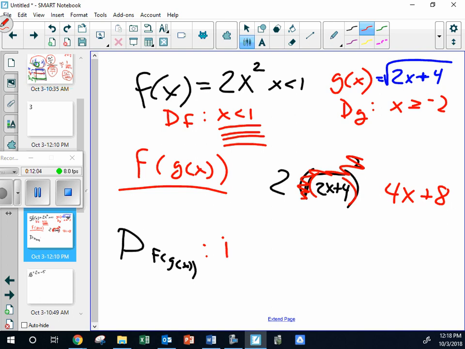Domain of, which one do I start with, G or F? Domain of G intersected with, G of X in domain of F. Good. I hope you remember that one because we will not give that to you.